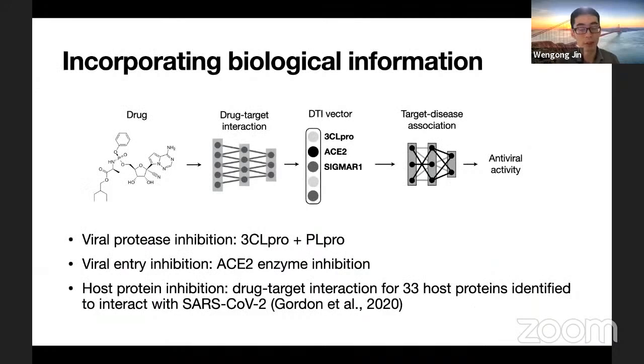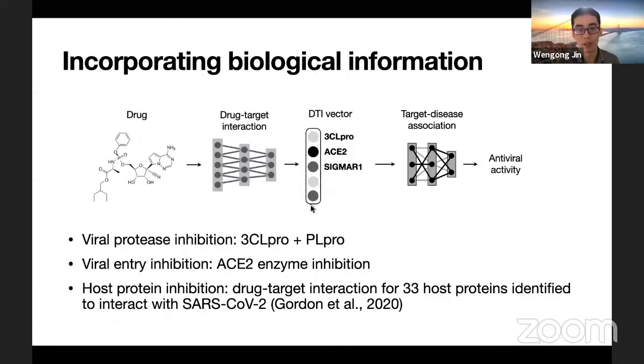To be more specific, we propose a simple yet effective approach by decomposing the graph convolutional model into two components. The first part of the model is responsible for learning drug target interaction. The output of this drug target interaction module is what we call the drug target interaction vector.